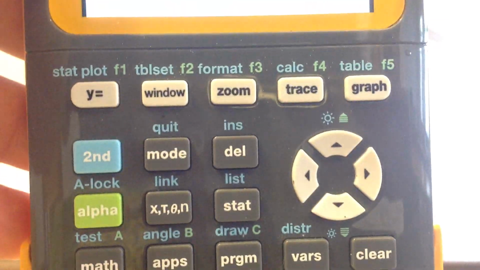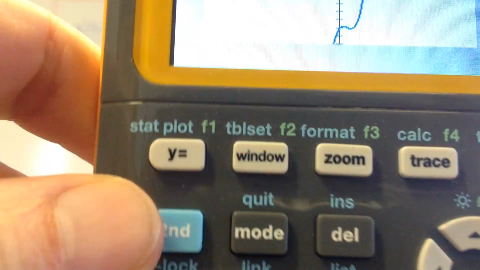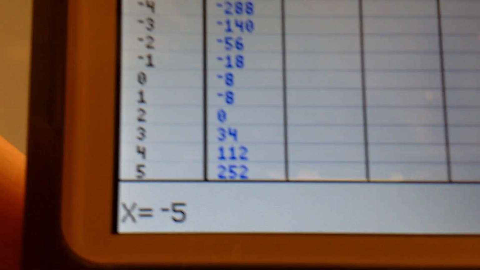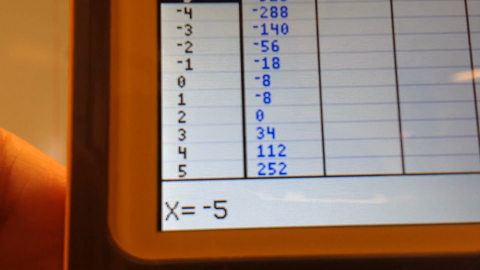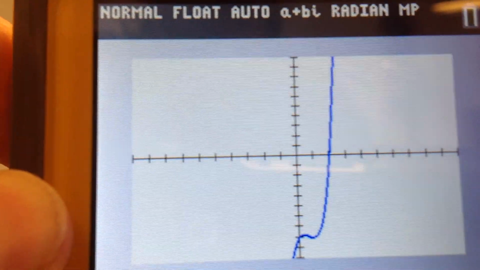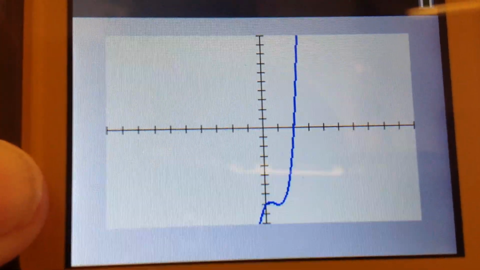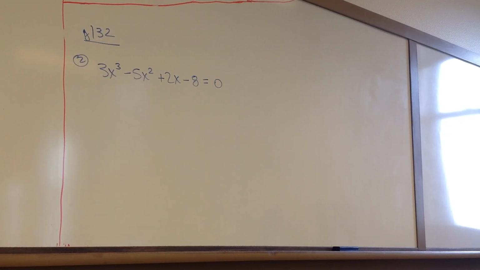Again, we can go into the table by hitting second graph. And there's our table. And you can see when x is positive 2, y is 0. So we know that 2 is a root. We actually don't really have to go through the process of using that root finder. So we know that x equals 2 is a root.